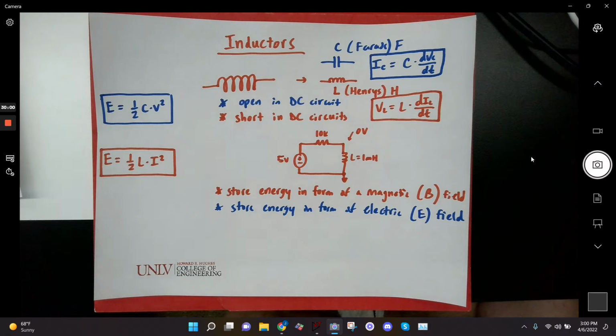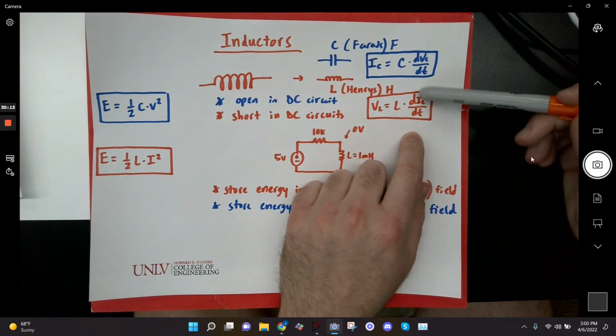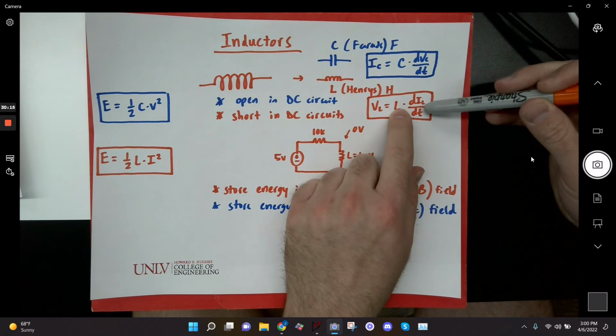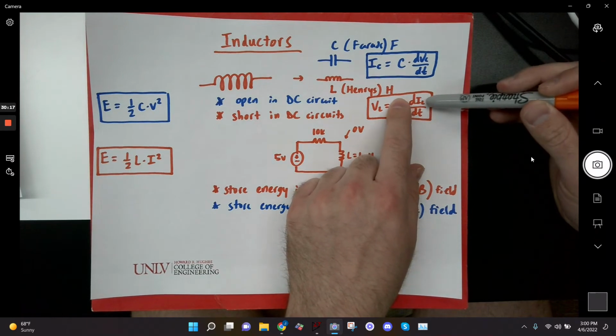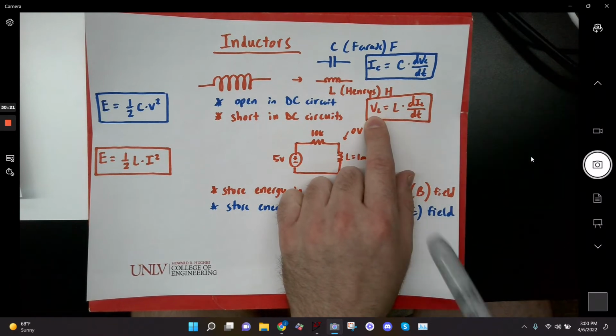It needs to take an exponential route of discharging or charging. Inductors store energy also, but their current can't change instantaneously because of this differential relationship. If I were to say that this current can change instantly, I would assume that this voltage has to go to infinity, and that can't happen.